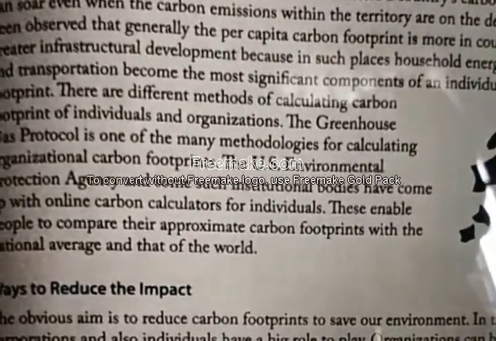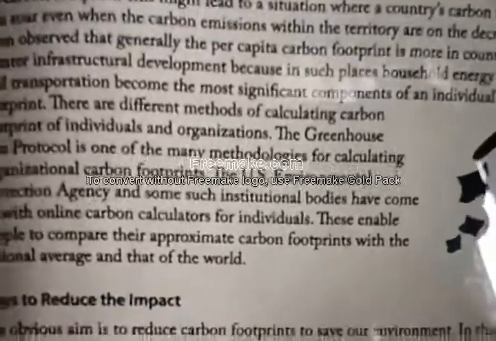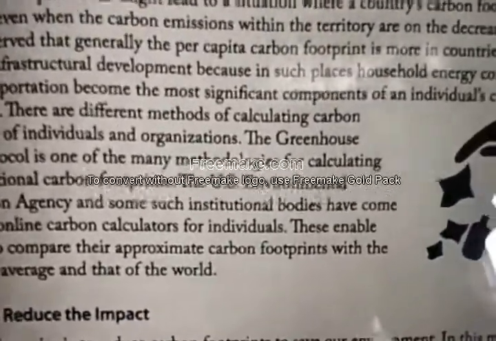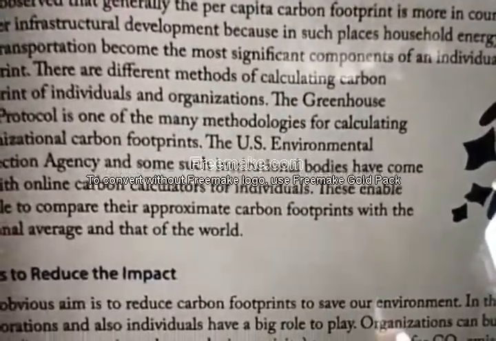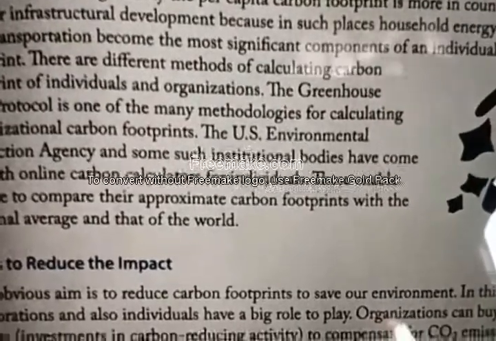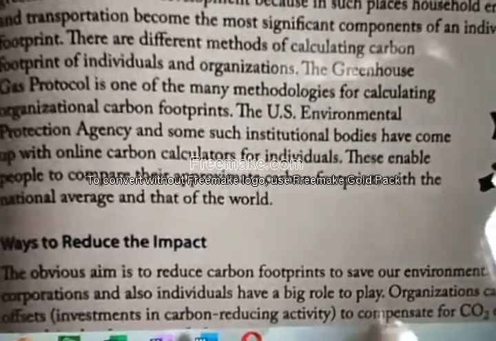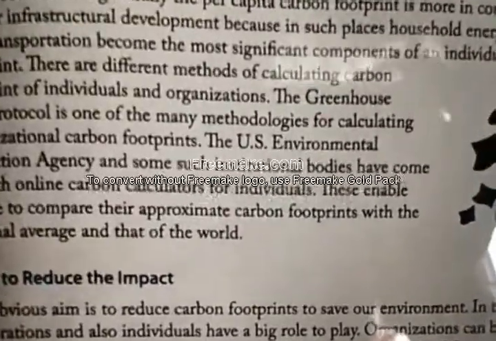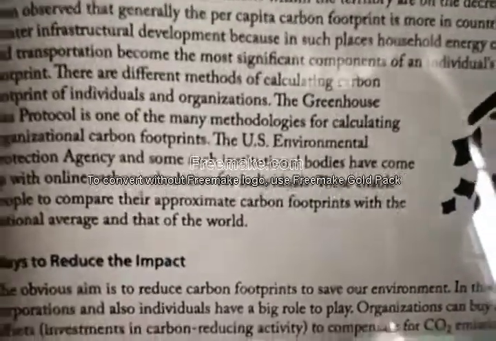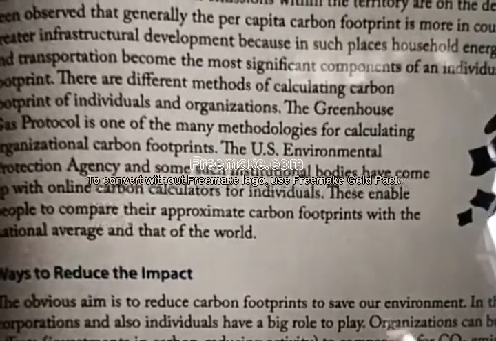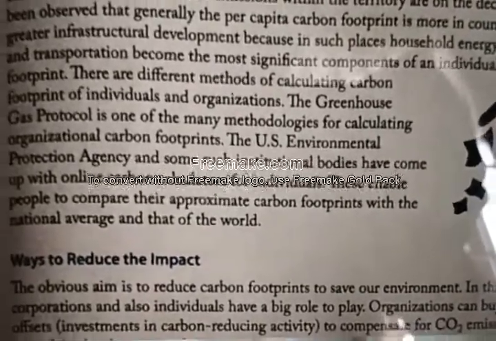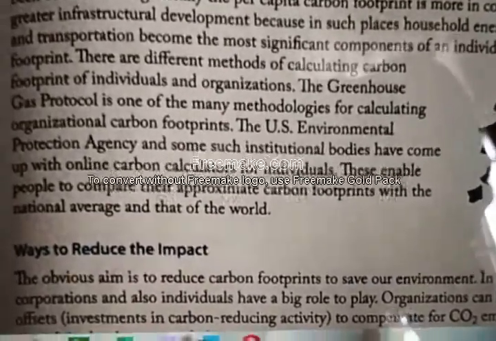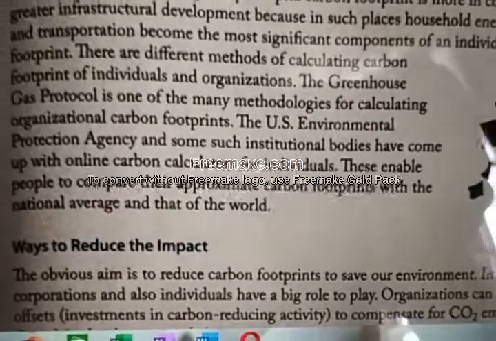The U.S. Environmental Protection Agency is one of them, and a few other companies also tried. These enable people to compare their approximate carbon footprint with the national average and that of the world, and they have succeeded in that. They found results on how much carbon dioxide a normal human being produces, and they released it.